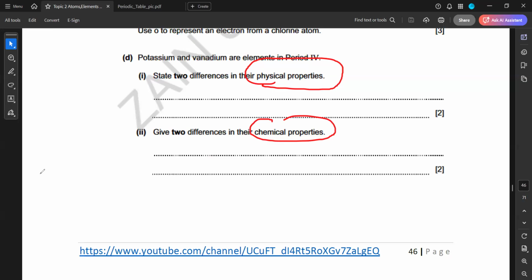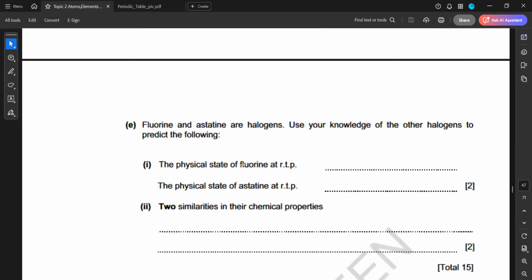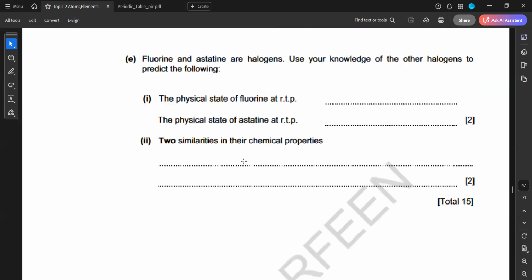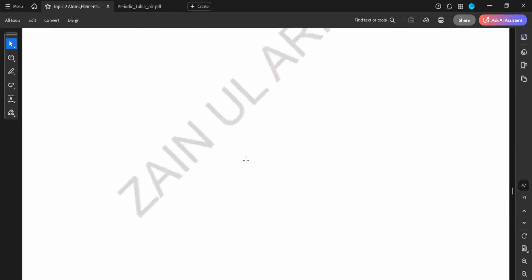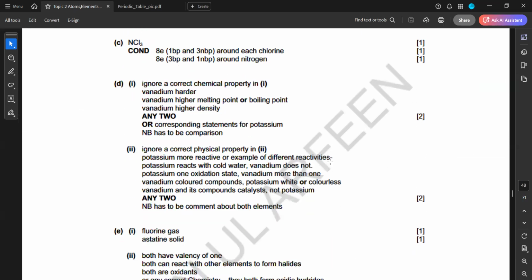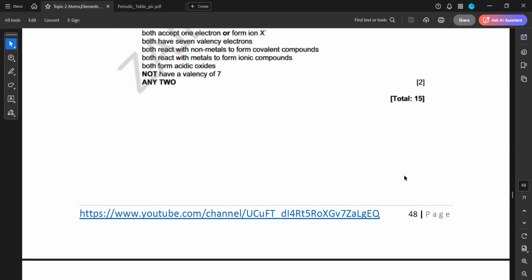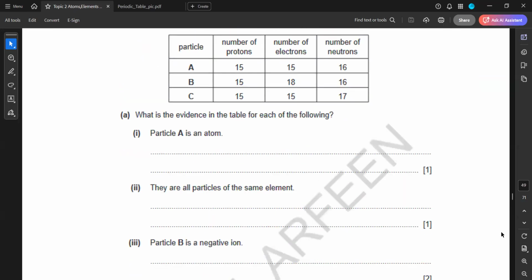But as I mentioned, this will be covered in the topic metals, so we'll discuss it there and in the periodic table. So these are some questions from topic 2. Moving on to the next one.